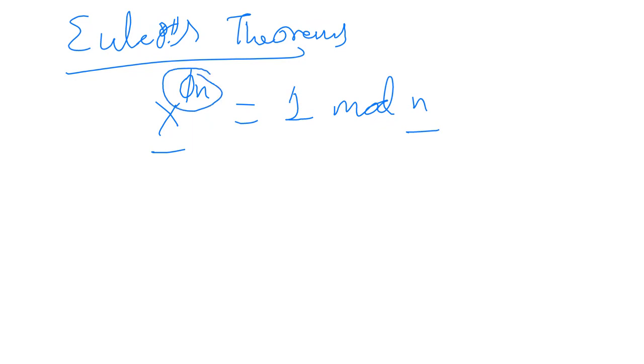So phi n, the Euler's quotient function, we have discussed, and we have taken an example.